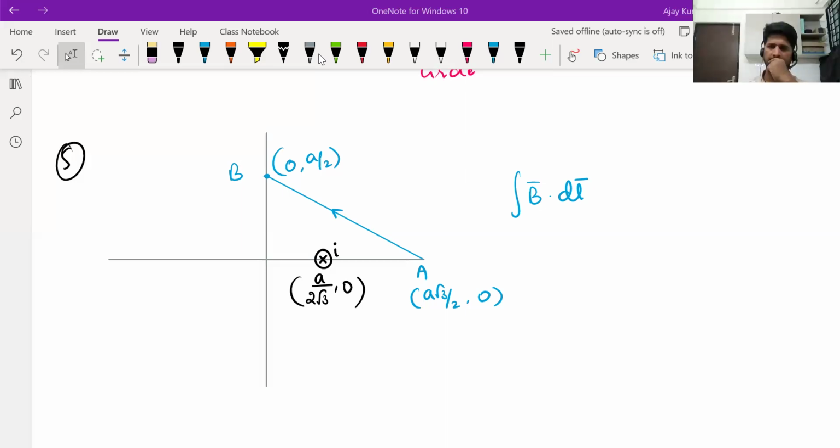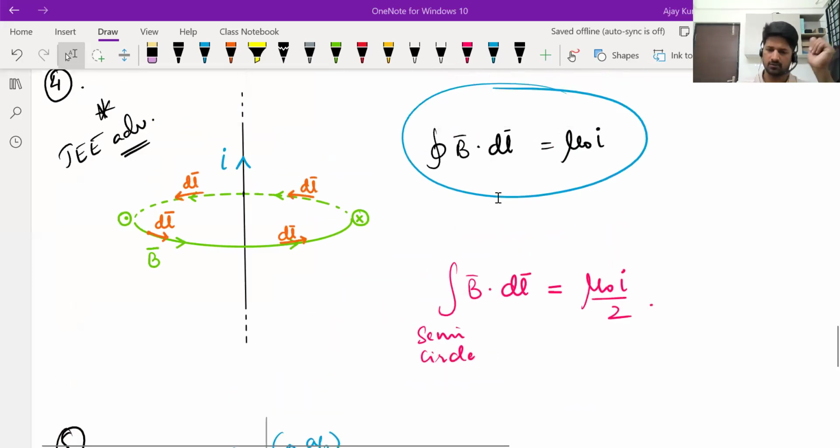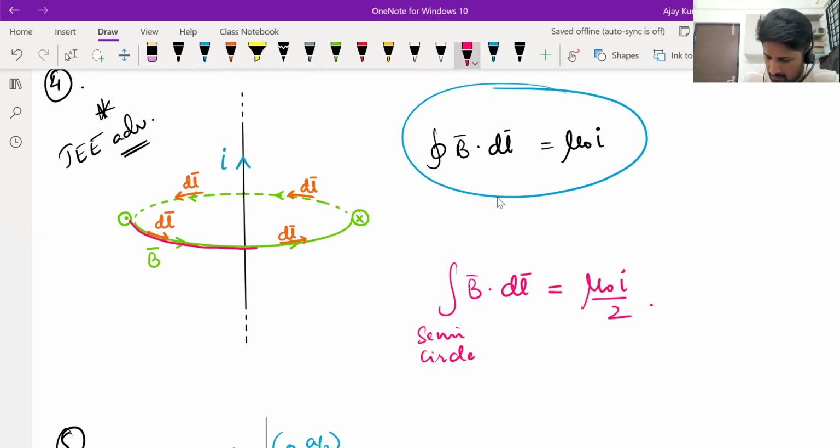Any idea, anyone? Okay, one of you tell me, the previous question also, it was not a closed path. The path was from here to here.